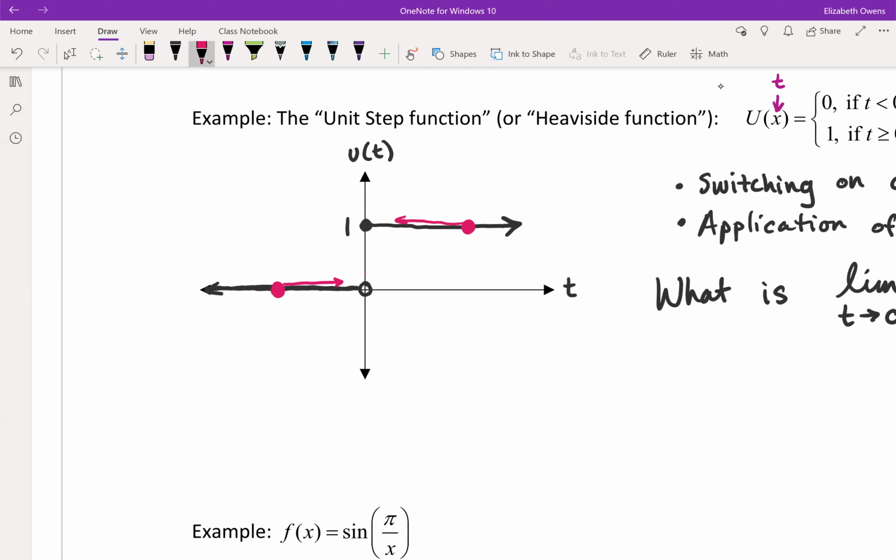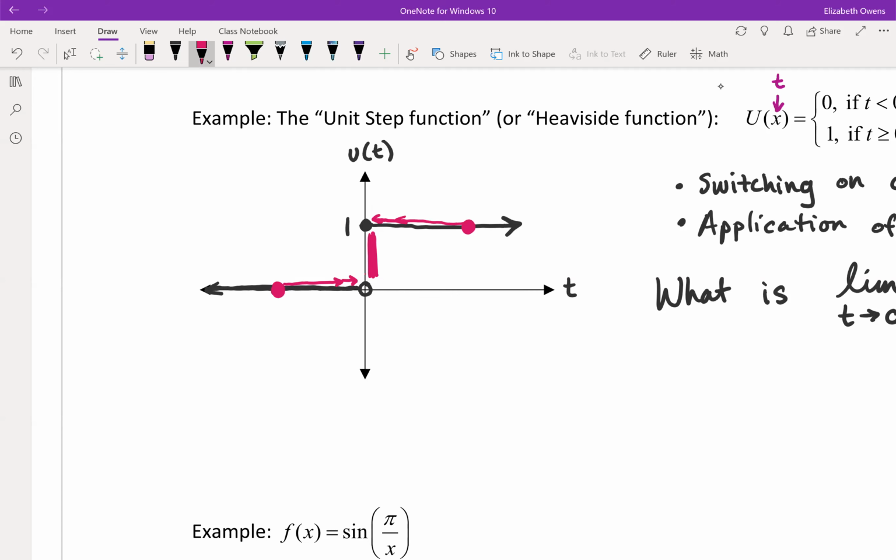Ideally, you would be doing this simultaneously, but I can only write with my little pen here in one place at a time. And we get very, very close to t equals 0, and we see that there's still a big gap between our fingers. Now that's different.